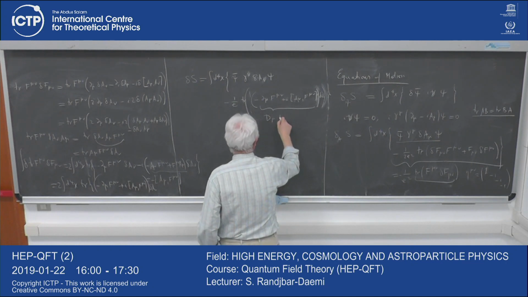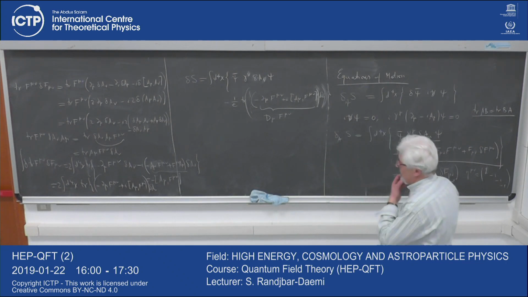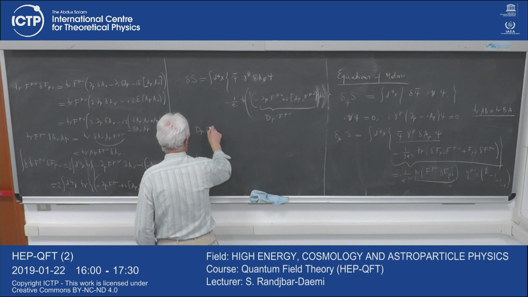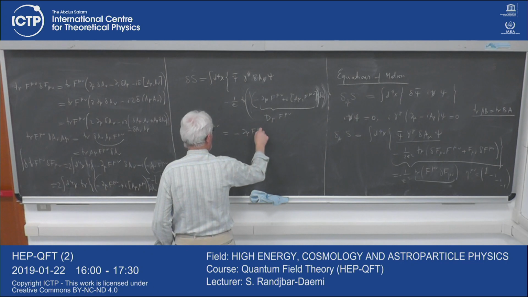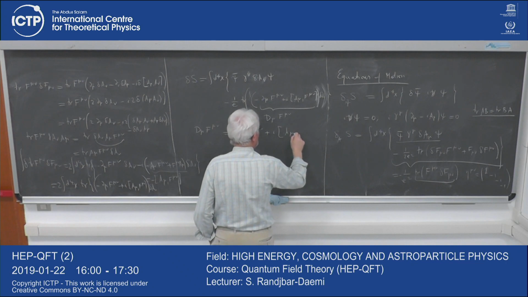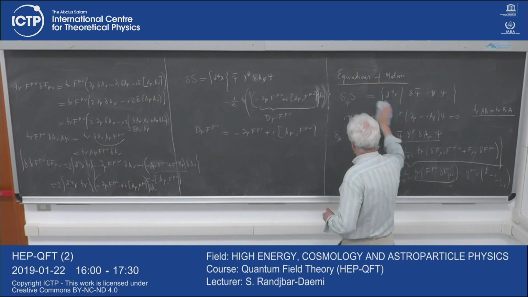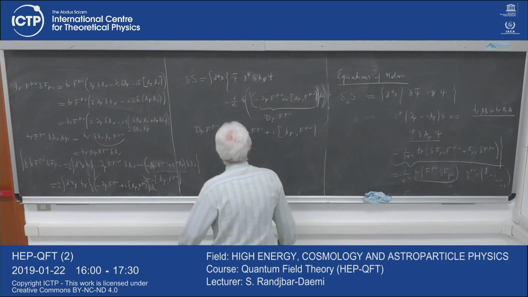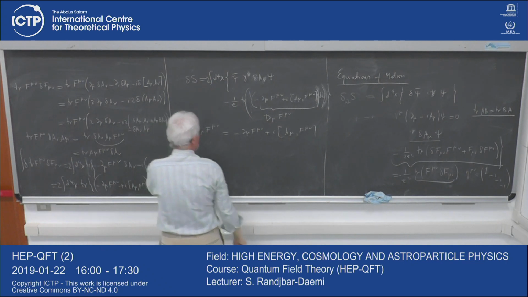I will call it D mu F mu nu. And of course you will see that this D mu is a covariant derivative. So D mu F mu nu is the name of what is inside, namely minus d mu F mu nu plus I A mu F mu nu. There is a factor of 2 both there and there, so there should be a factor of 2 in front of everything. Thank you.